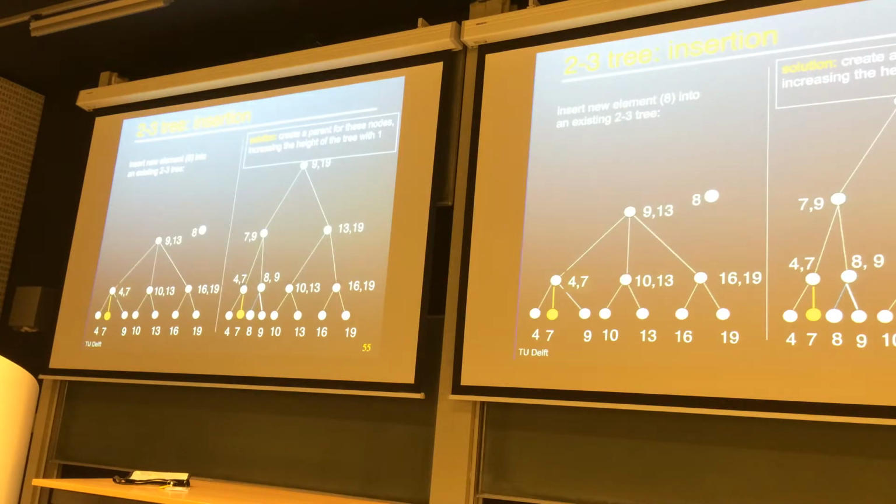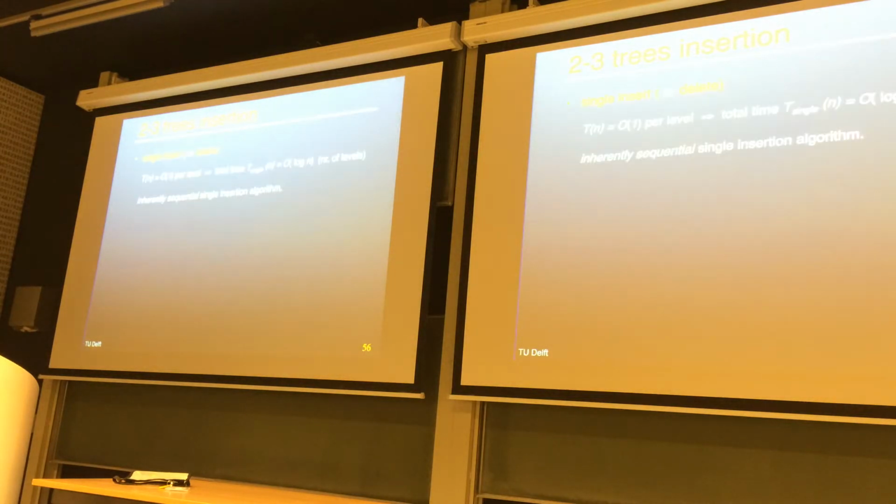Yeah. So we come to the conclusion that a single insert, and by the way, delete, gives you a constant cost per level, so that means an O of log n time needed for performing insertion of a single node. And this we call an inherently sequential single insertion algorithm. Why is it inherently sequential?